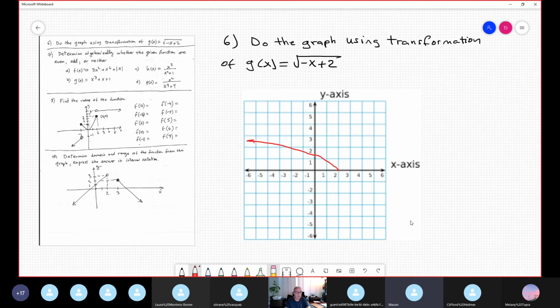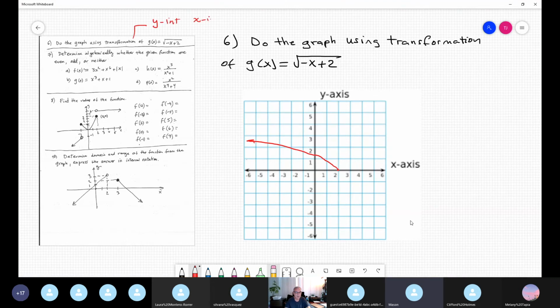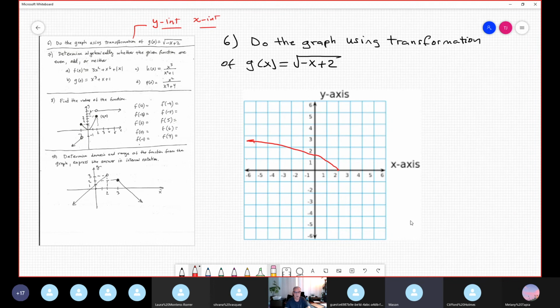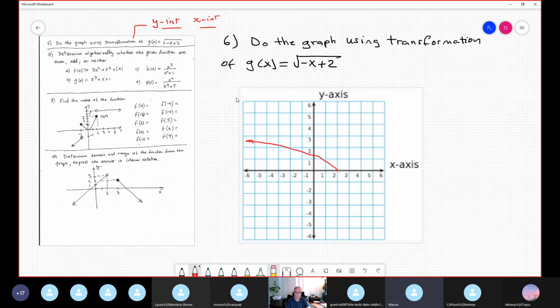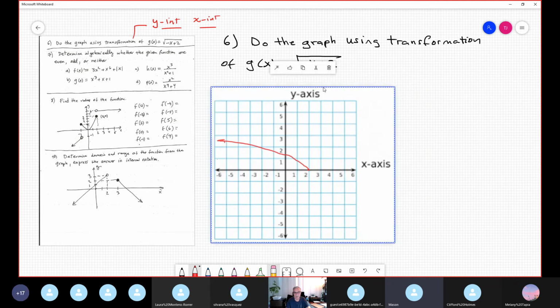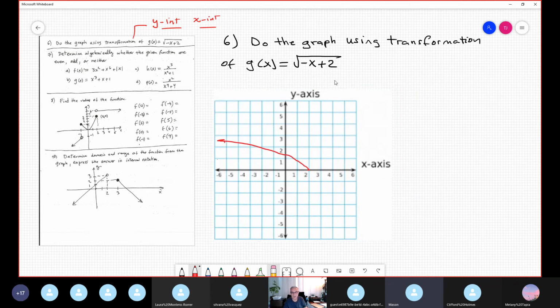This is an important point when you are doing the graph. Any graph that I say do the graph, we are doing several things, but the important thing is the intercepts.